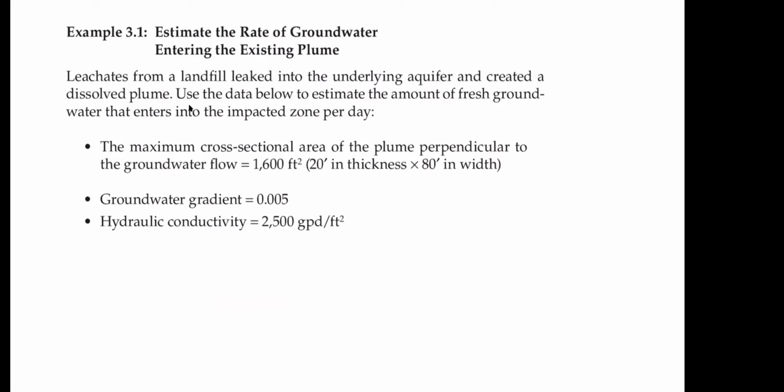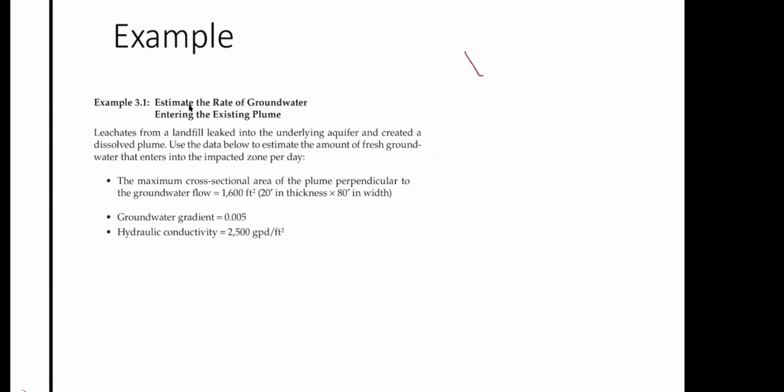So you have a landfill. So let's say this is your landfill. And this is your soil, and this is the landfill, and this is your groundwater table. Create a dissolved plume.